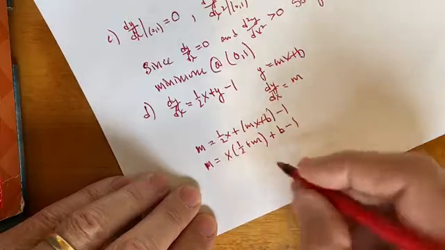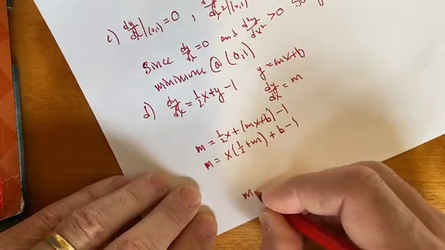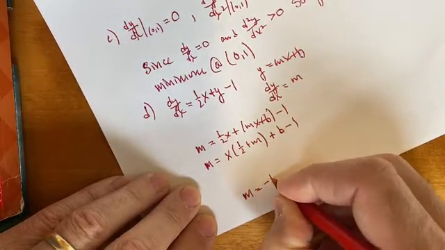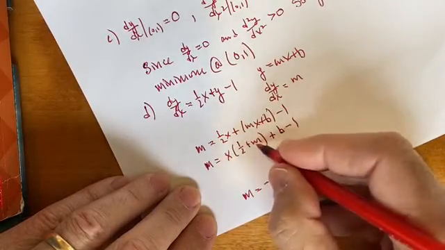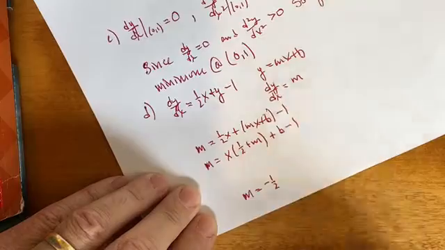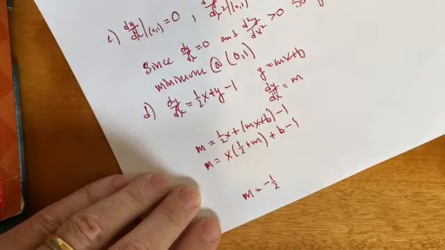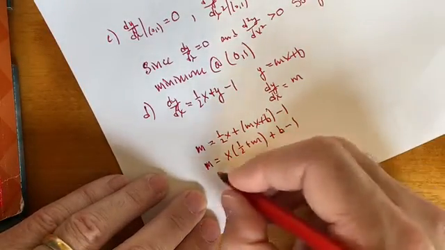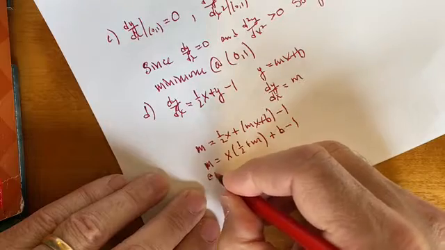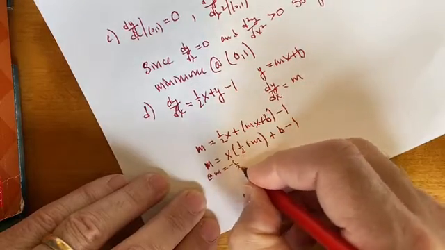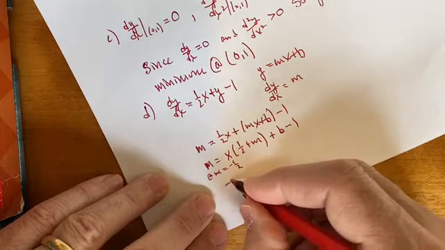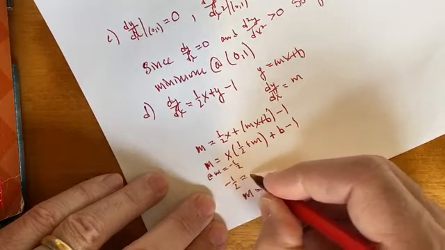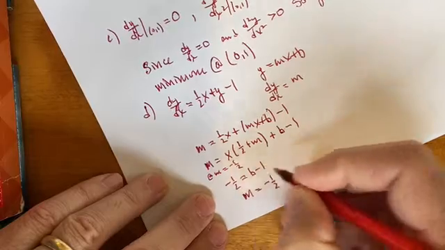So that means m is negative 1/2, because the only way to get rid of that x term is to have this be 0. And the only way that's the case is if m is negative 1/2. So at m equals negative 1/2, we have negative 1/2 equals b minus 1.